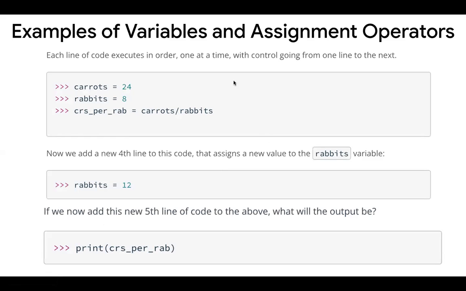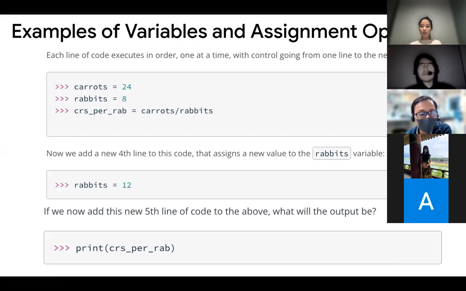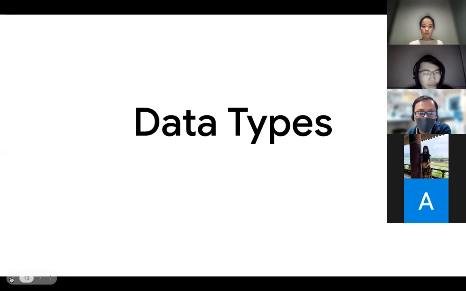Can I ask a question? Yes, Abdullah. How to update the carrots per rabbit after we input rabbits equal to 12?